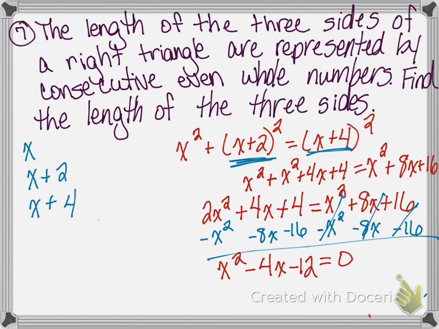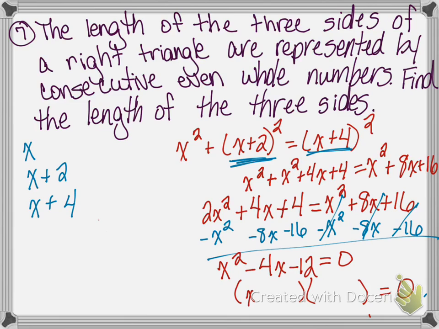And fortunately for us, that factors very nicely. What two numbers added together give me negative 4 and multiplied together give me negative 12? 2 and 6. Which one's negative? That is a great question.